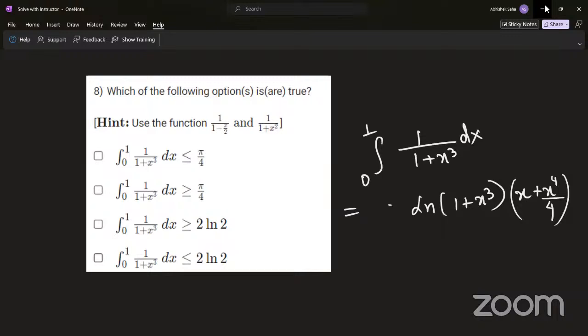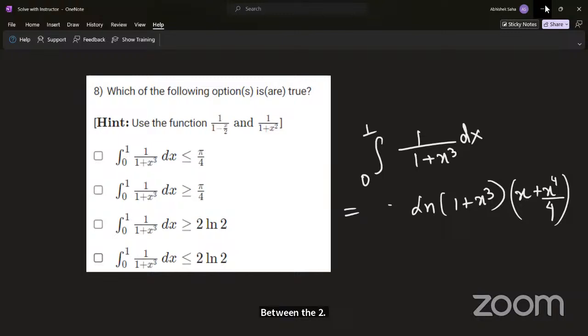So your question is how can we... You can use the inequality like 1 upon 1 plus x by 2 and 1 by x by 3. Yeah, I am using that.